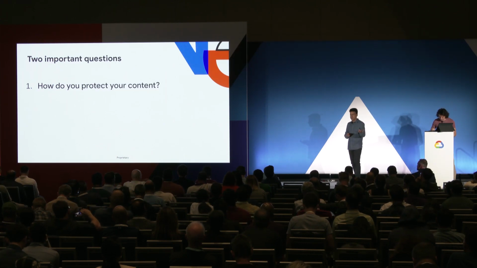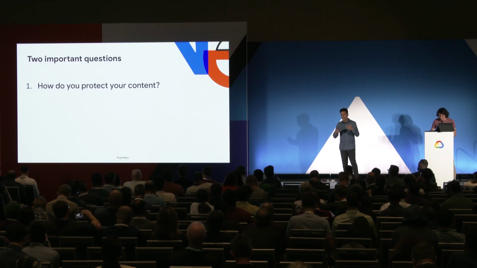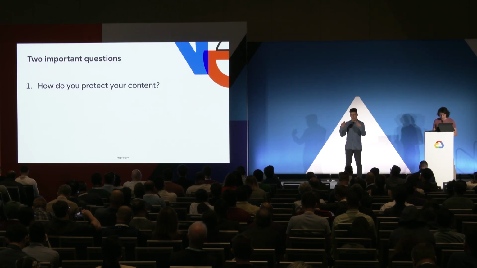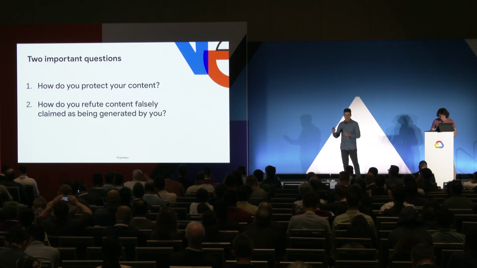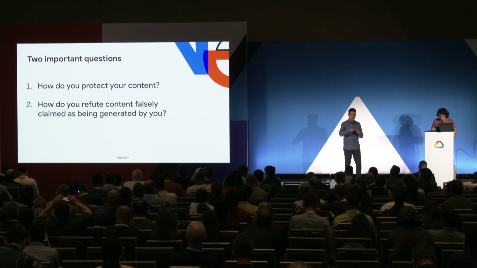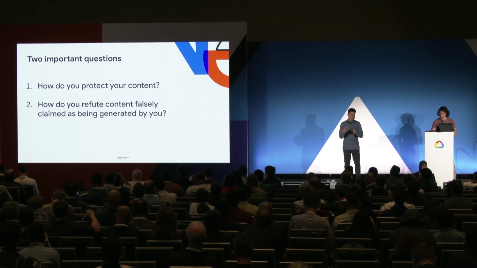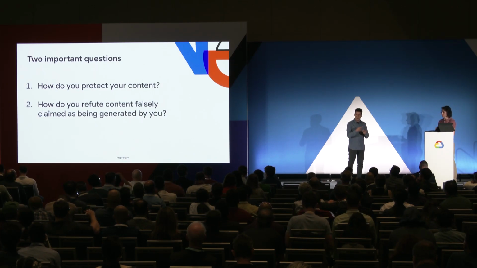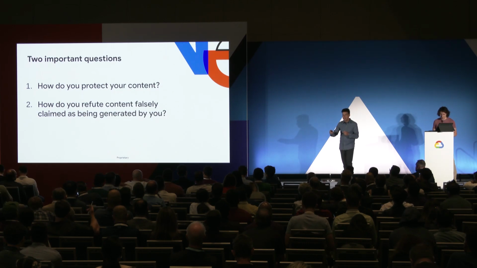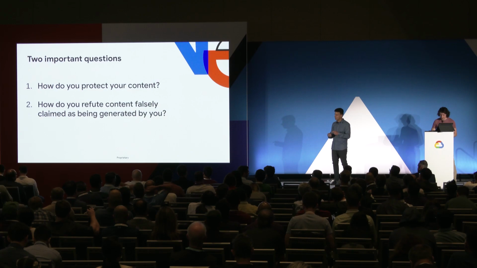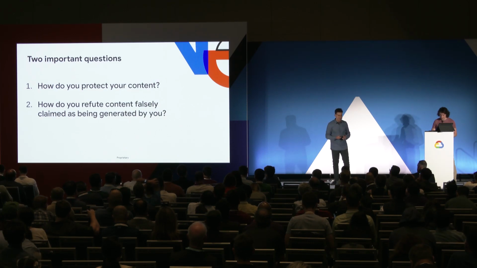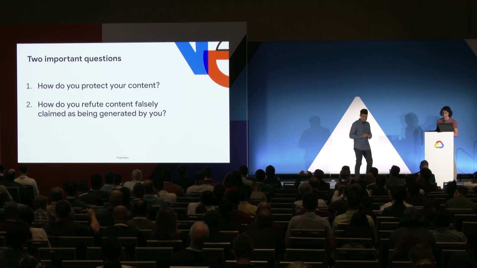As Vishal was describing earlier, how do you ensure that this image that you generated with your creativity is protected? Question number 2 is, what if somebody claims that your company generated an image, but that image actually wasn't yours? Or maybe you generated the image and somebody edited it and they claim that it's your image? That's where digital watermarking comes in.